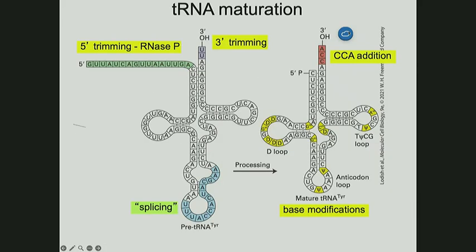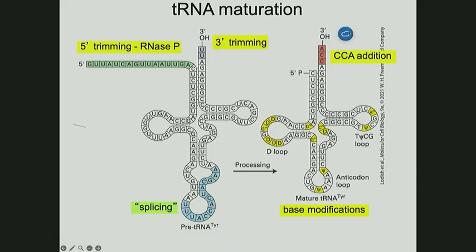All right, what about tRNAs? So they also go through a number of maturation events. The initial pre-tRNA will undergo trimming at its 5' end. There's an activity called RNase P that will chop off what we call the leader sequence. The 3' end also undergoes trimming, and there's actually an enzyme called the CCA Adding Enzyme.